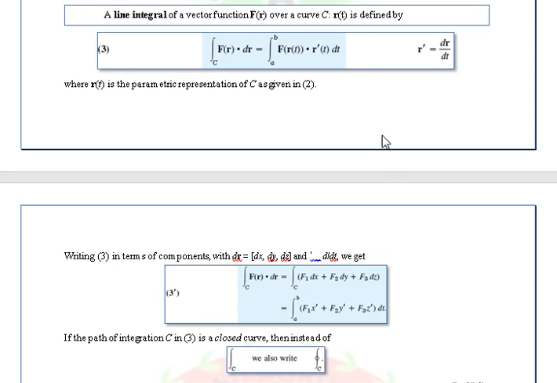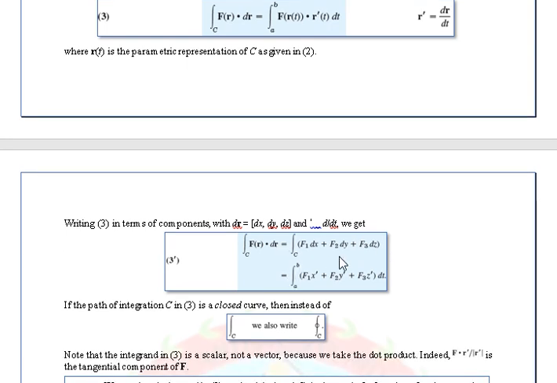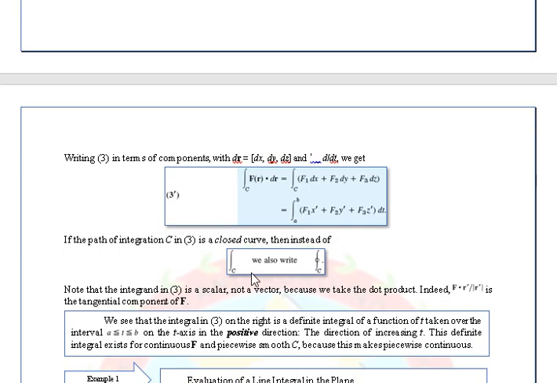Since our position vector r of t is defined by the components x, y, z, we can now rewrite this equation in this form: f1 dx plus f2 dy plus f3 dz, where f1, f2, and f3 are the components of the function f of r along x, y, and z.